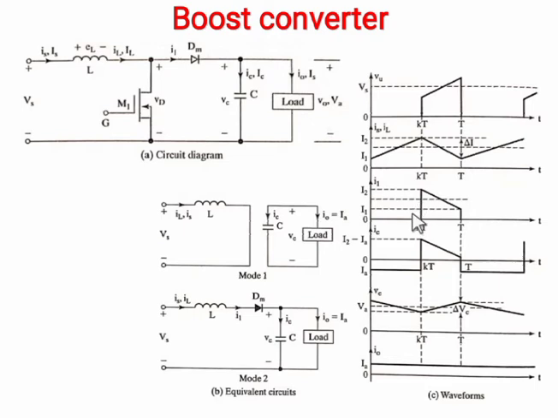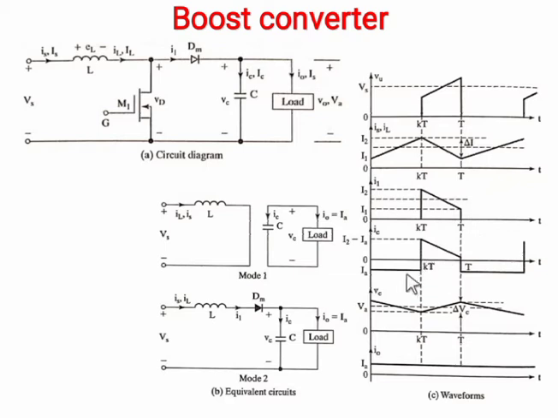So when the switch is off, this current decreases from I2 to I1, and the input current is given by this inductor current IL. This I1 current flows only when switch S is closed.